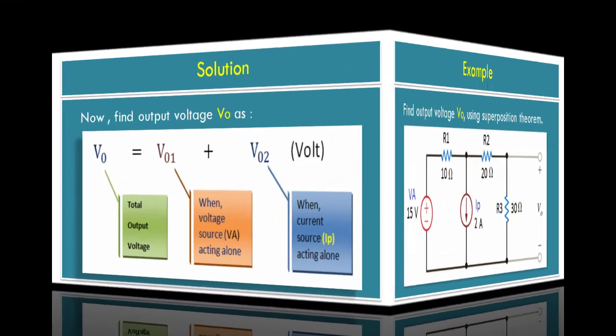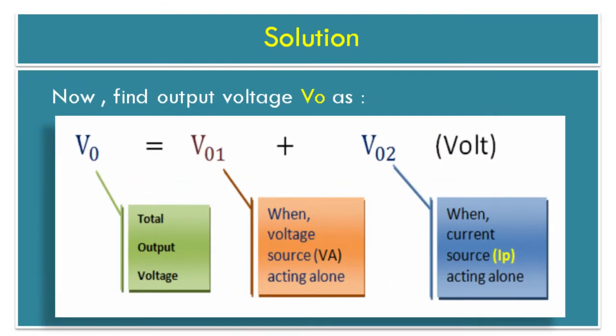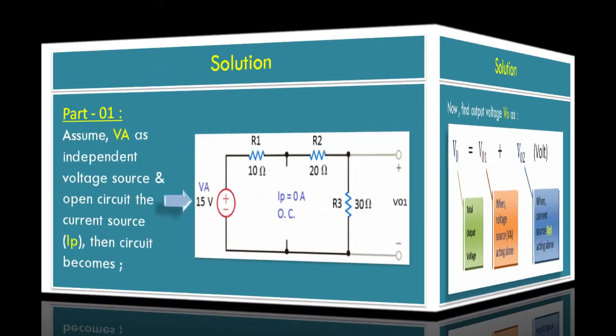Let's find output voltage V0. Total output voltage V0 in volt is equal to voltage V01 when voltage source VA is acting alone plus voltage V02 when current source IP is acting alone in the given circuit.